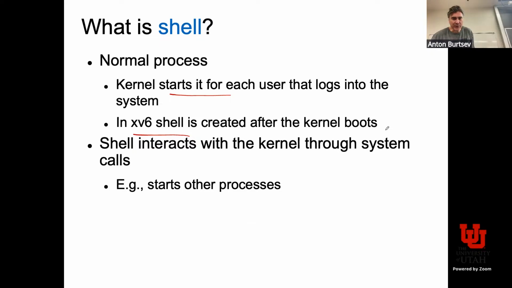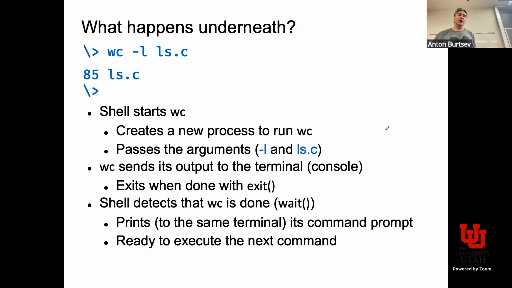And conceptually, if you think about what you do there, it takes a command from you and executes it. And commands, those things like WC, it's not always the case, but in the classical case, and in the case of x86, those commands are other programs in the system.